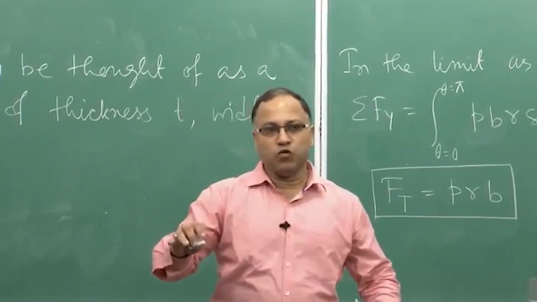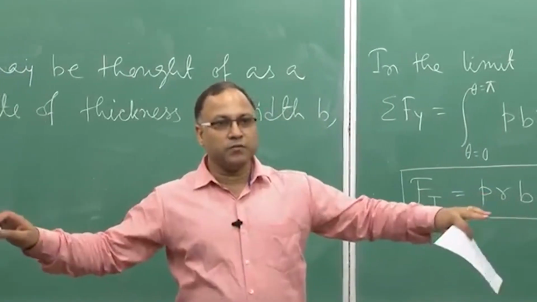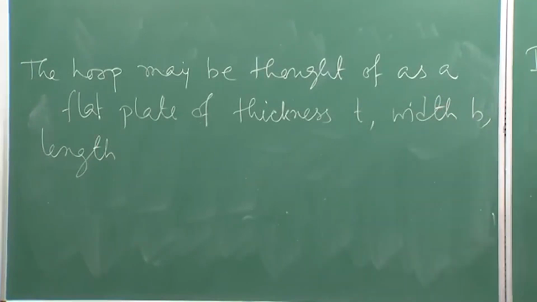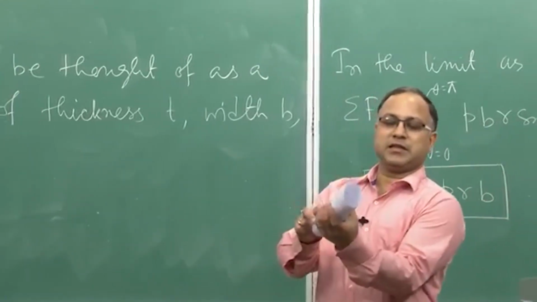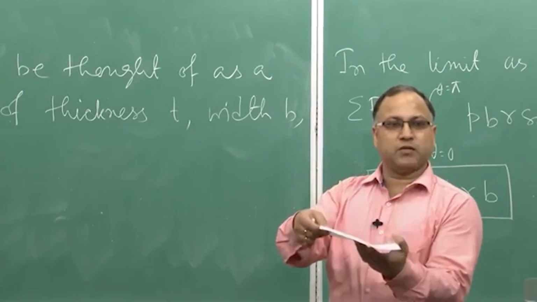Now, you are cutting the hoop and you are stretching it out. If you are stretching it out, then basically the thickness of the hoop will remain the same, that is small t. Suppose this is the hoop. Now, I am cutting it, I am stretching it out.